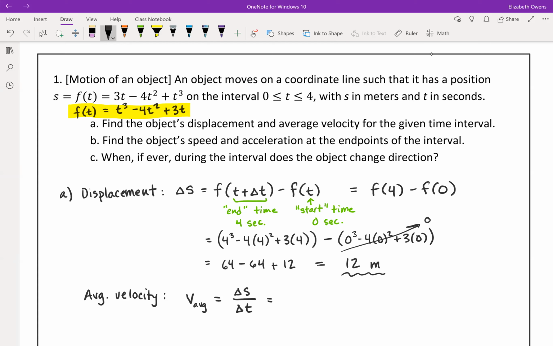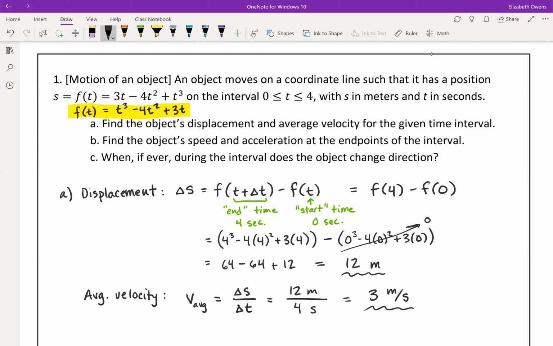Conveniently, we have just found that distance traveled, delta S, that is our displacement. So we have 12 meters up on top there, and the time elapsed is 4 seconds, which we could just use S to represent seconds there. And so we end up getting 3 meters per second for our average velocity.